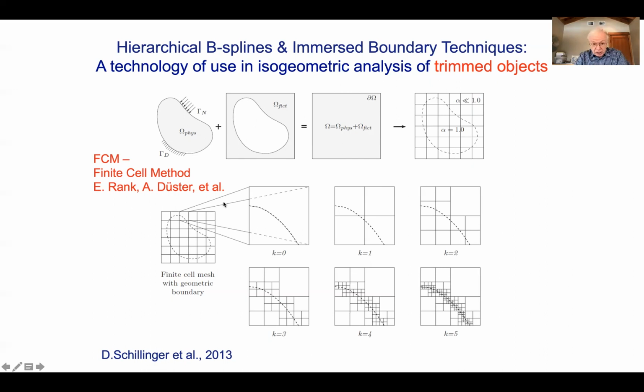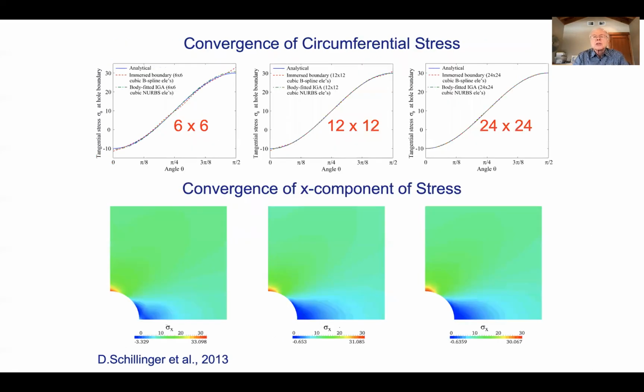What they discovered is that if you precisely integrated the cut cell integrals in, say, a finite element or an isogeometric analysis formulation, you could get the full accuracy of whatever approach you were using. And you could even get things like p-convergence, exponential convergence.